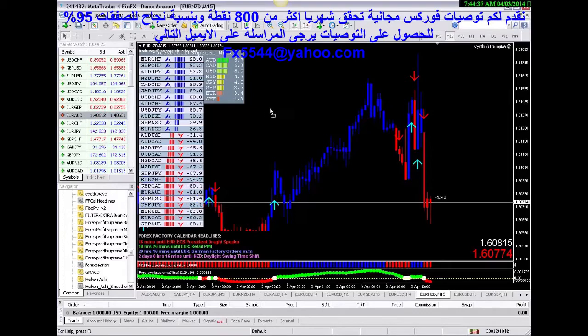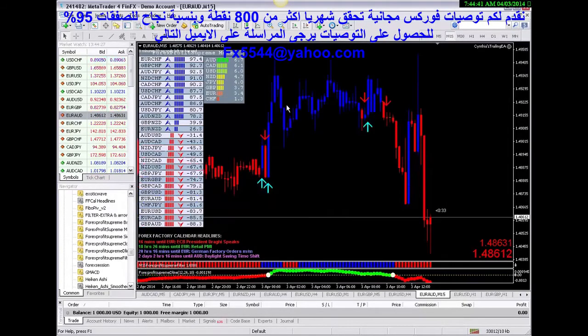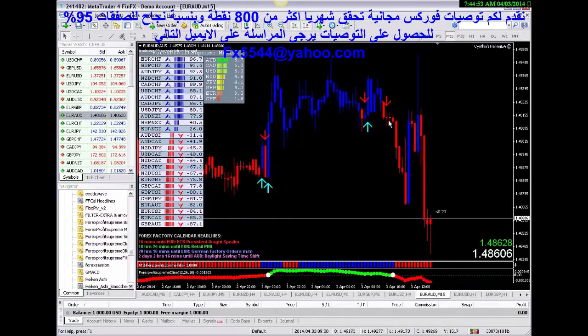Here it is. Drag it over. Okay, so they've been selling the euro and at the same time they've been buying the Aussie. So look at this, the euro is very weak and the Aussie is the strongest currency. So they're selling off the euro, but at the same time they're buying the Aussie. Okay, so you sell weakness and you buy strength.